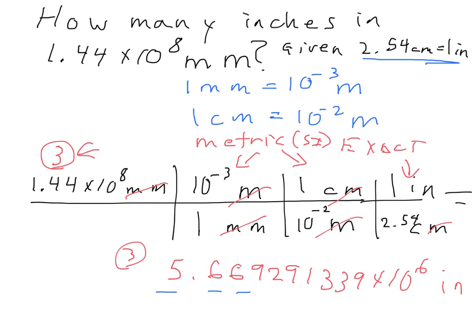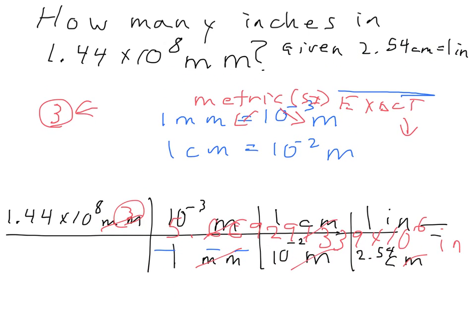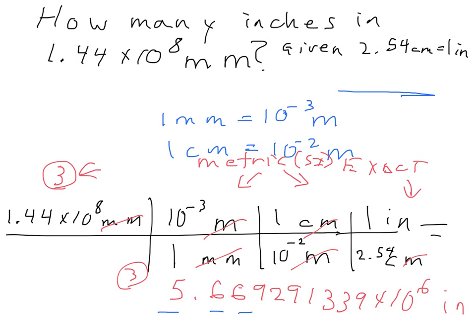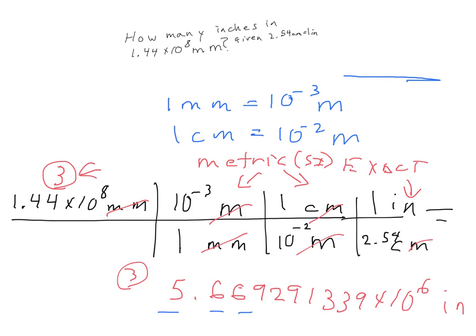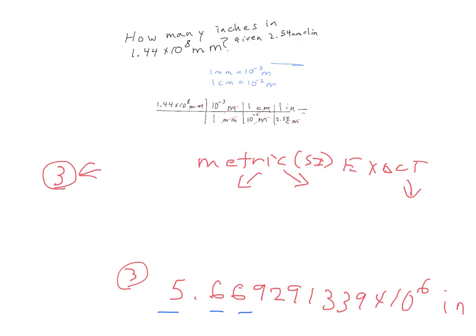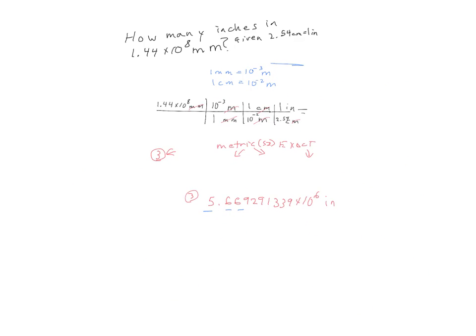So our answer should be, whoa, what did I just do? I was trying to do my shrinky-dink trick. So my answer should be 5.67 times 10 to the 6 inches.